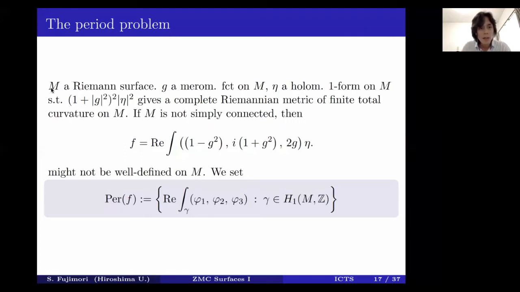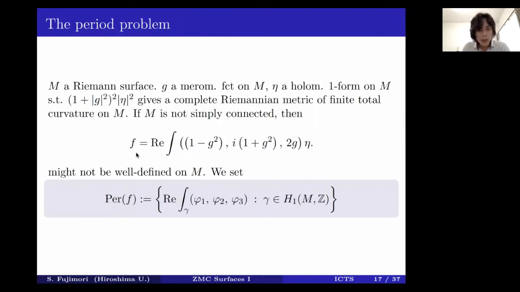Let M be a Riemann surface and G a meromorphic function on M, and eta a holomorphic one-form on M, such that this gives a complete Riemannian metric of finite total curvature. If M is not simply connected, then this F might not be well defined. I mean, this F might be multi-valued on M.